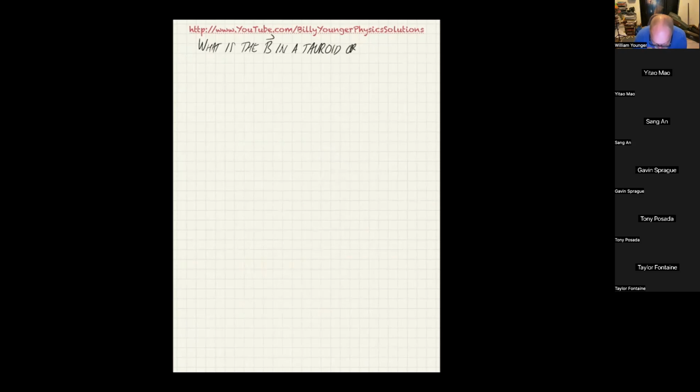Toroid of, damn it, I keep writing R there, of radius R, and I'll explain this with a drawing in a second, N total turns, and carrying a current I. Okay. So that's the big question.